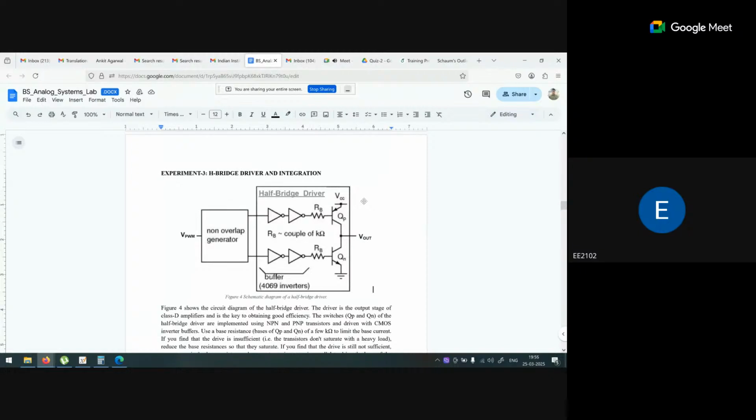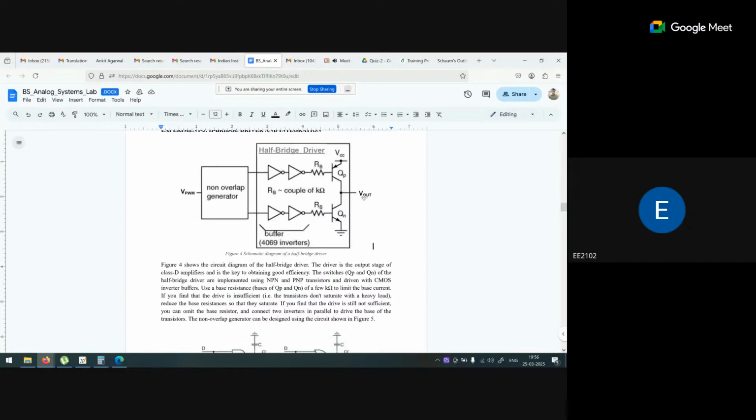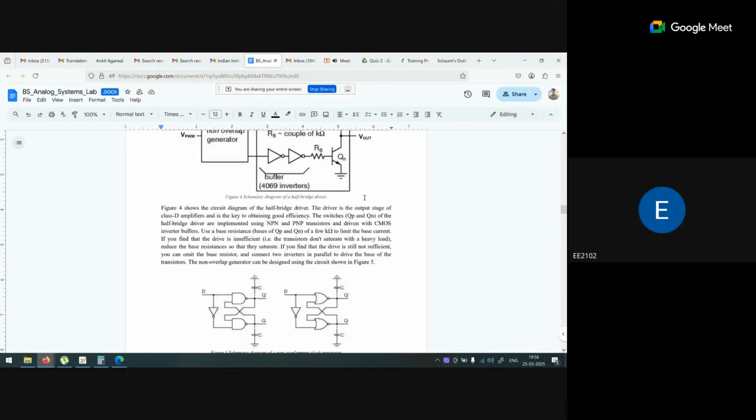So basically the edge-based driver and integrations. What is the meaning of edge-based driver?